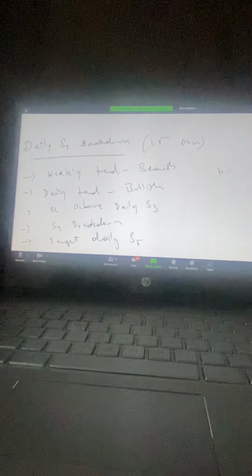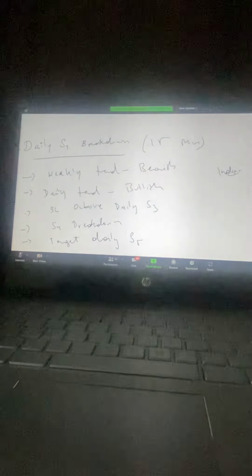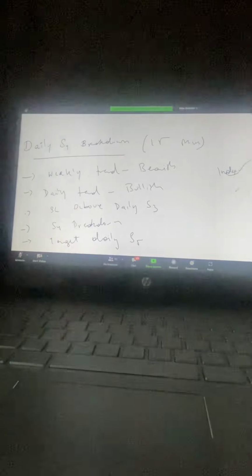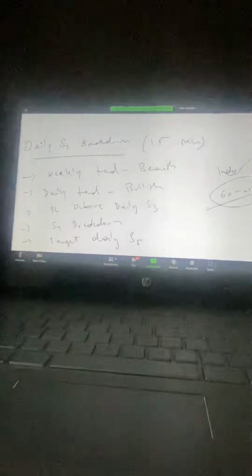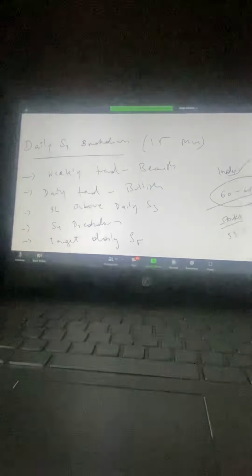So this is your daily R4, S4 breakout and breakdown. Again, it works well on index. On index, I'll say it has an accuracy of 60 to 65%. In stocks, it goes down to 55 to 60%.